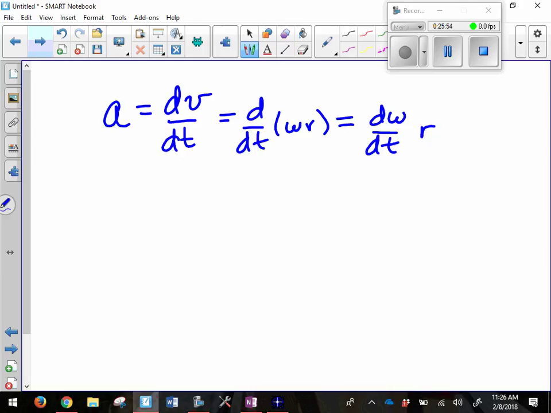And so what do you think d omega dt is going to be? Alpha. So that's going to be alpha r. But as I alluded to earlier and Zoe was asking about, we have to be careful because there are two kinds of acceleration.